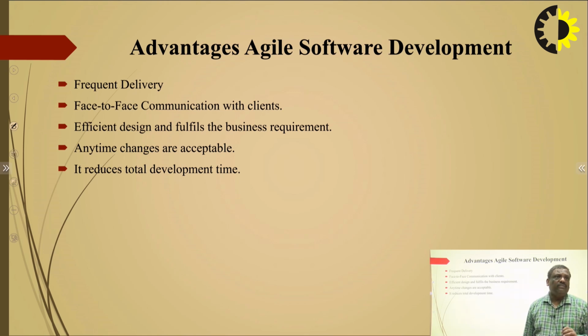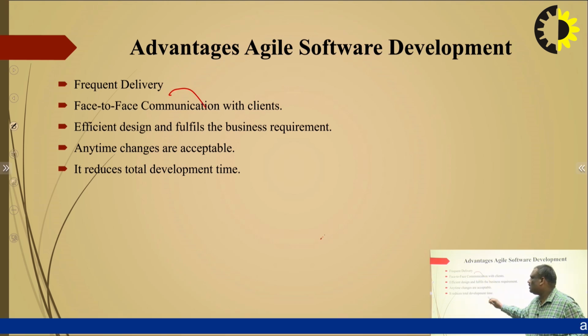So if Agile software development is adopted, it is very efficient according to the business processes. Anytime change is acceptable by the team, and it reduces total development time. We can say that frequent delivery means reduced development time.